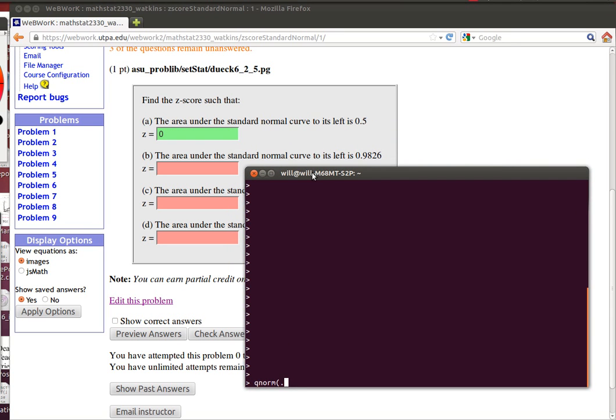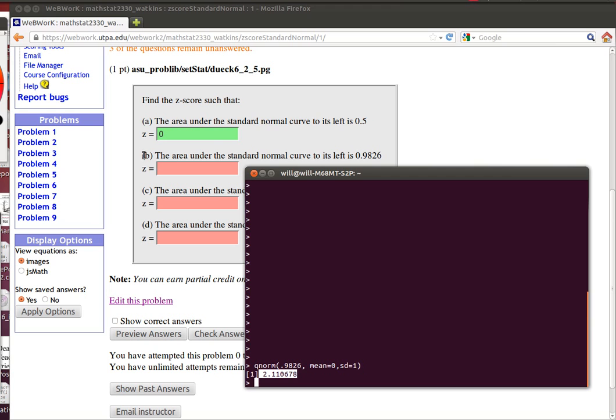Then we need to tell R what normal distribution we're looking at. We're looking at a mean of 0, the standard one, and a standard deviation of 1. So this number that we need there is 2.11, and so on.